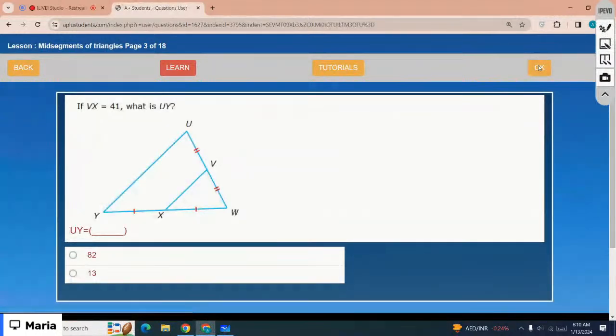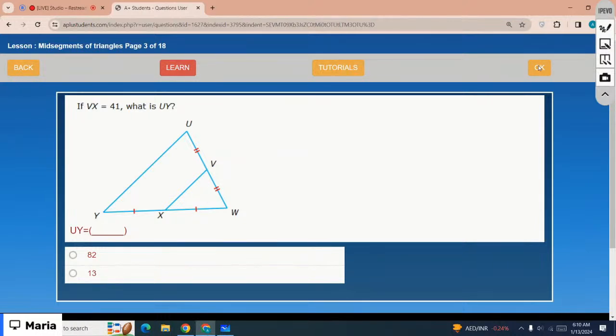Okay, if VX equals 41, what is UY? Which is the correct option? VX equals 41.